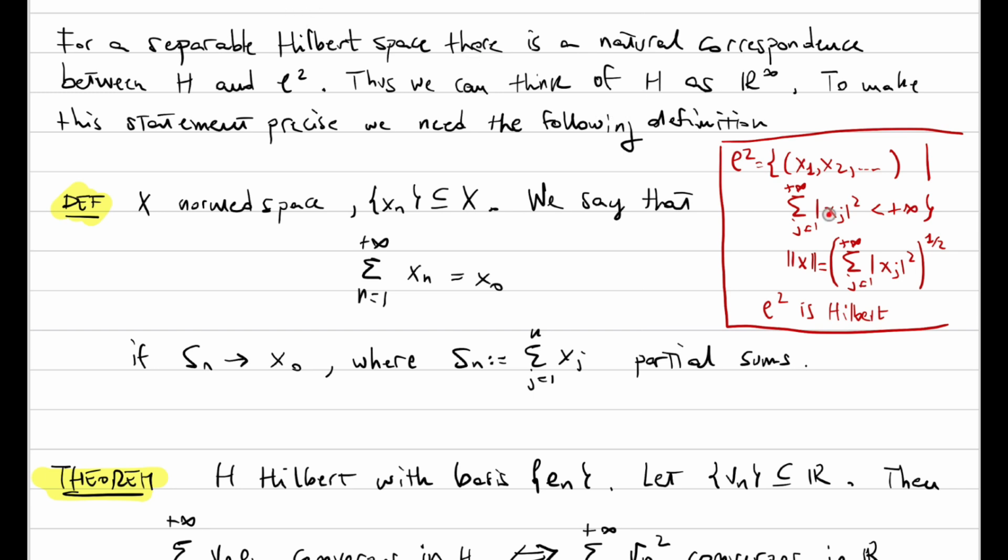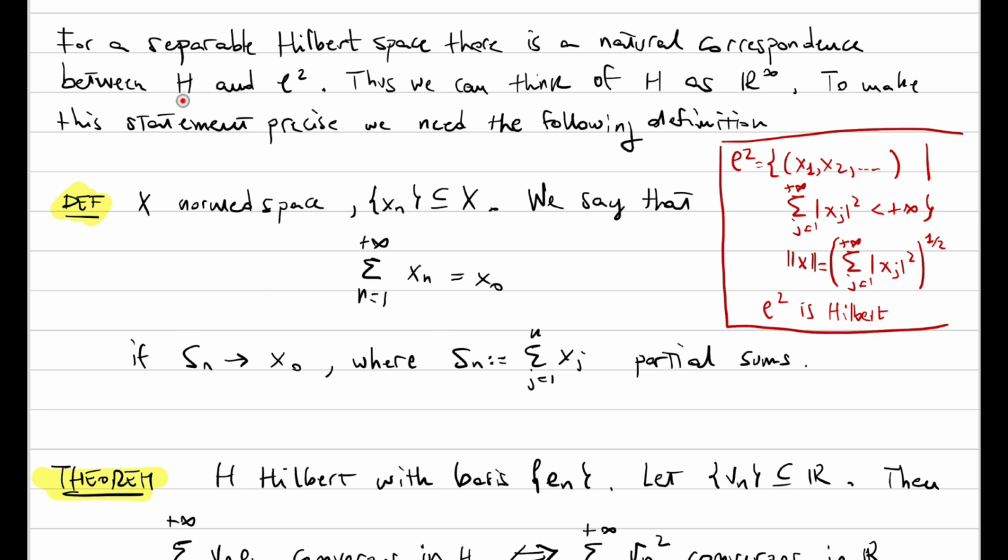And remember that L2 is a normed space with the norm given by this quantity here. In particular for p equals 2, in the case of L2, we actually have that L2 is a Hilbert space.